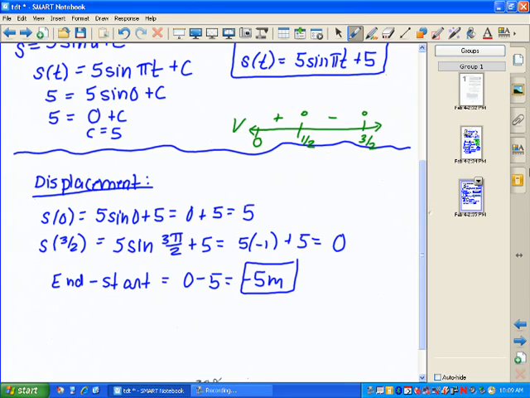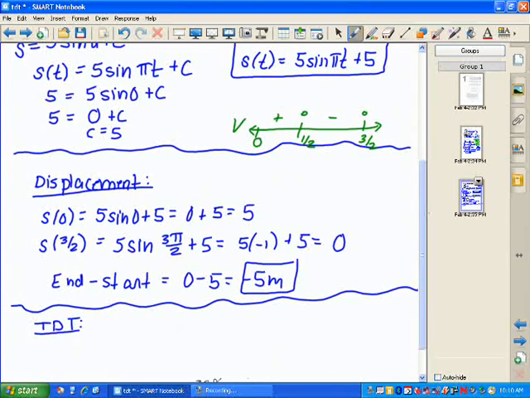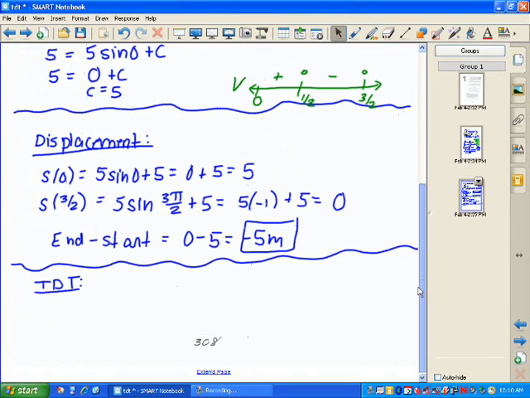Now let's go to total distance traveled. I've already done part of that. I'll call it TDT for short, total distance traveled. Looking at that velocity axis again, for total distance traveled, you're not only going to need the beginning and the end, you're also going to need any other place where the particle stops.